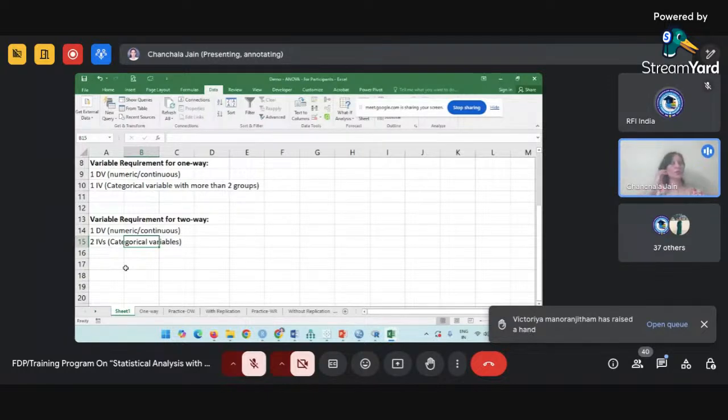In two-way ANOVA without replication, you need to formulate only two hypotheses, one for the row categorical variable and one for the column categorical variable. So for these two variables you will make two hypotheses, and that way the performance of the ANOVA test is very easy.